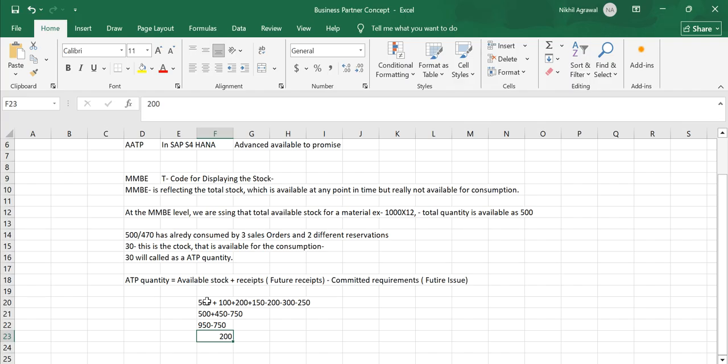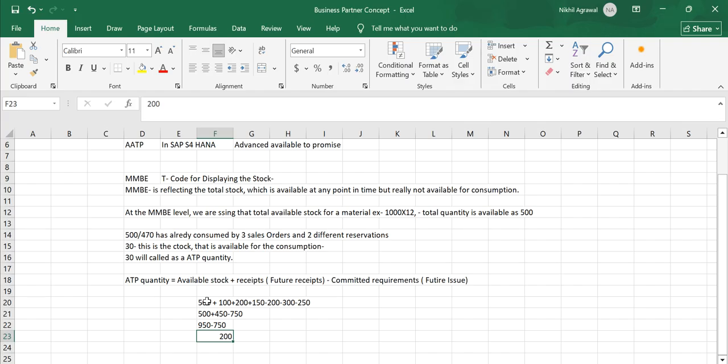They may be checking the stock. I have seen multiple issues with different clients wherein the stock was consumed against different sales orders and different reservations, and those reservations were created much earlier, guys. They existed in the system for the last year or the last 6 months, and there was no use of those reservations at all. Even so, they were there in the system.